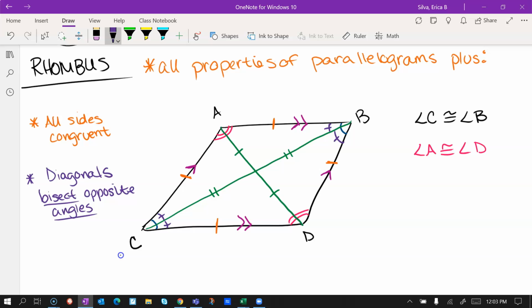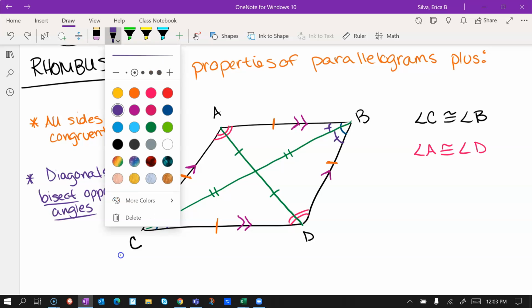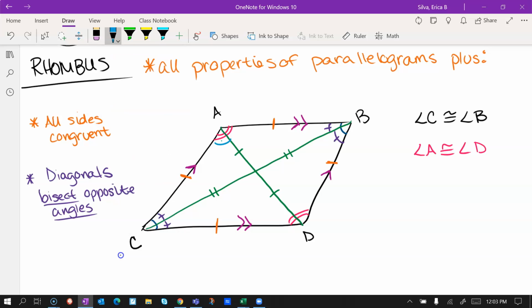When we look at the other angles that are bisected, these are also congruent to each other, but notice how they're not congruent to the previous ones. So this one is congruent to this one.